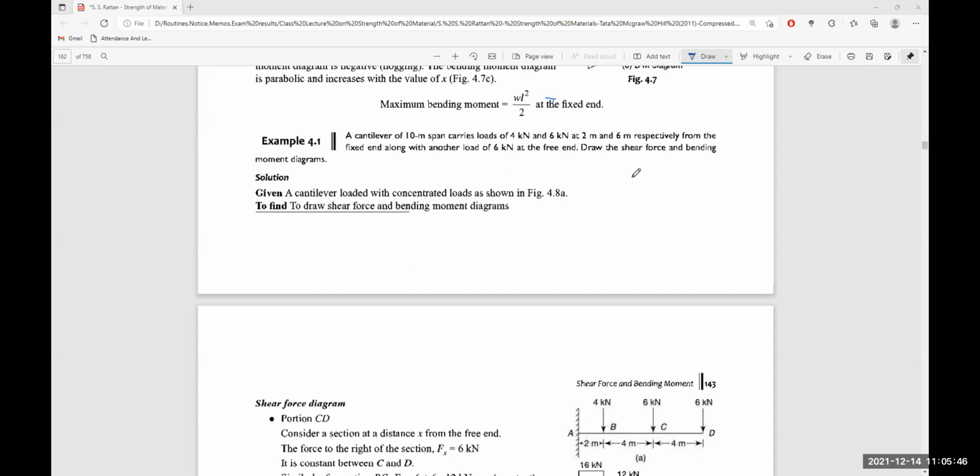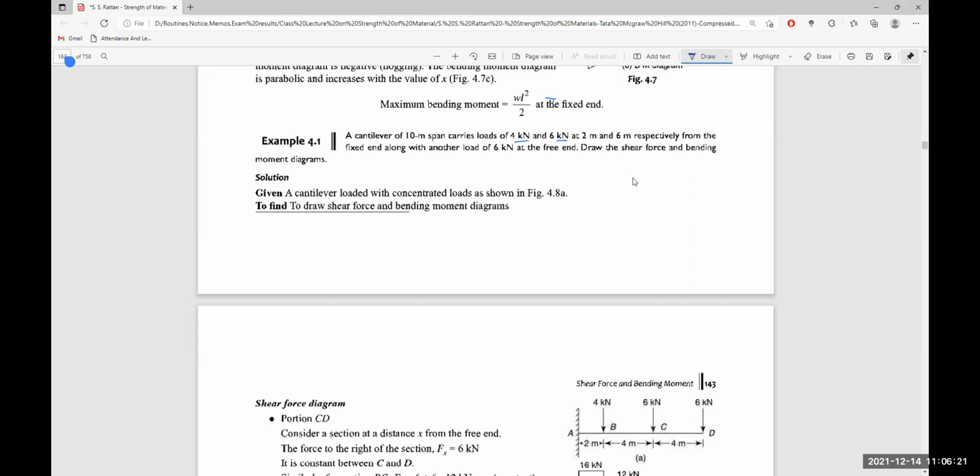Next, let us go to a certain problem. A cantilever of 10 meter span carries loads of 4 kN and 6 kN at 2 and 4 meters respectively from the fixed end.